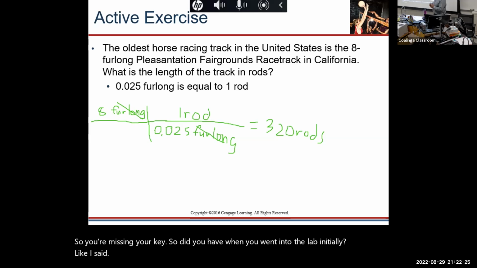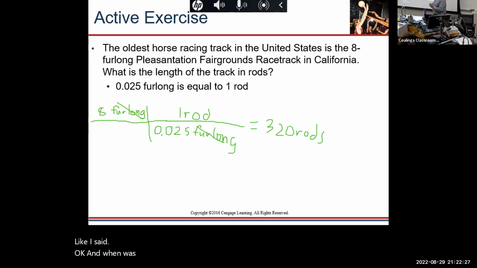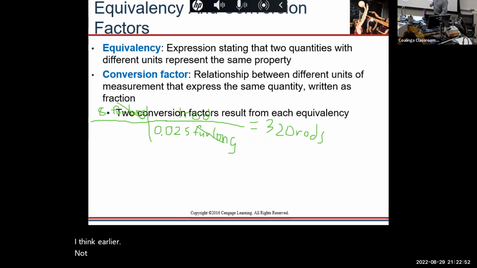And when was this? I just don't know if anyone has it. Did you go and check in? Wait, the exact same price? Yeah, but I think earlier. Okay, yes, you guys have it outside.